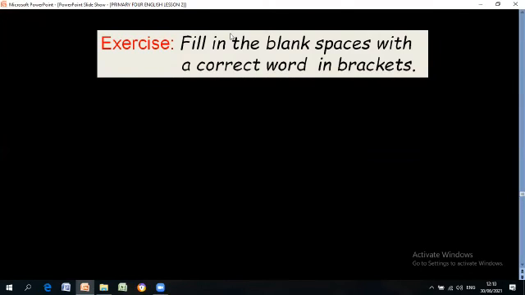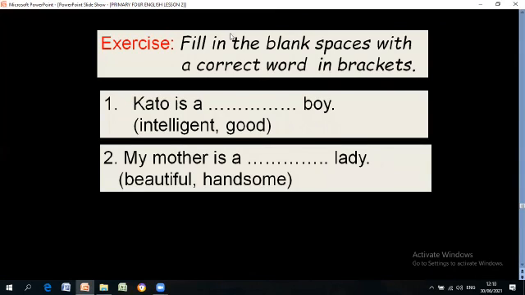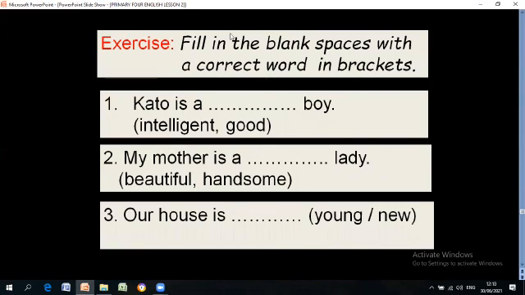Now here I have an activity for you that you will also do as it is shown on the screen there. We have the questions there. The instructions for the exercise read as follows. Fill in the blank spaces with a correct word in brackets.